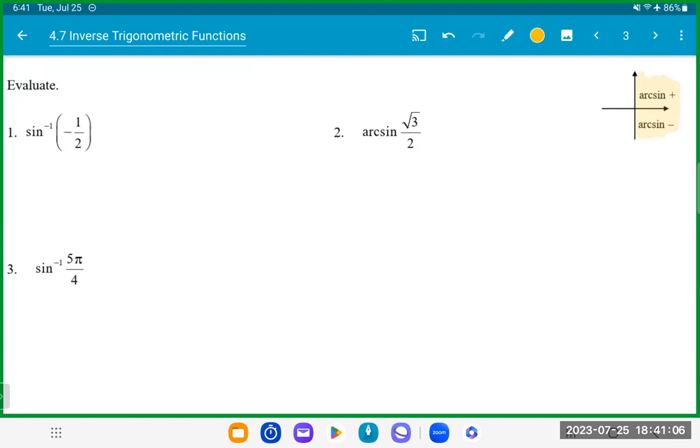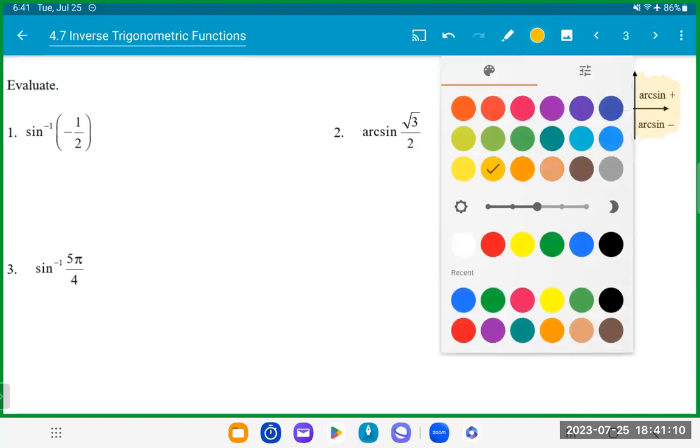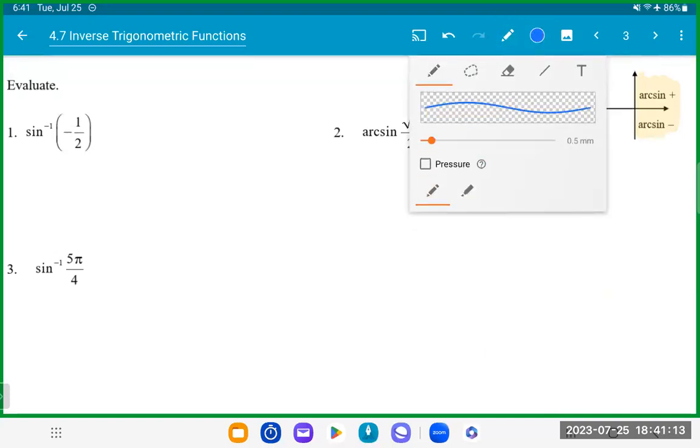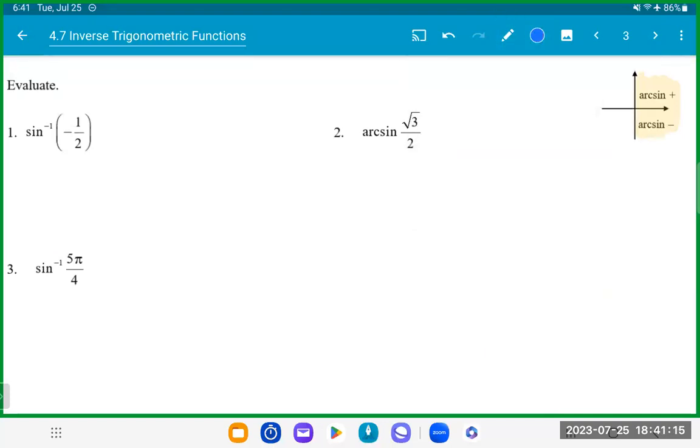Okay. Looking at this first example, we have sine inverse of -1/2. This is really saying equals y, or whatever, right?